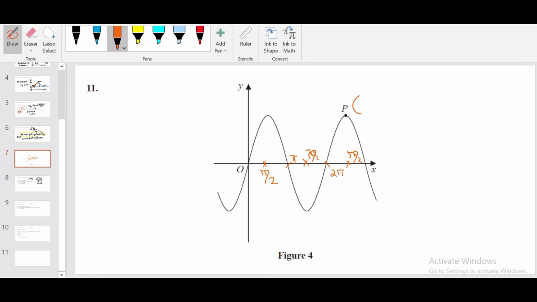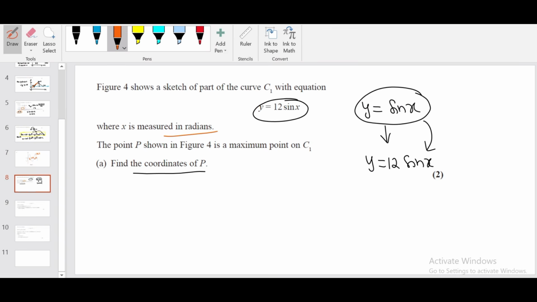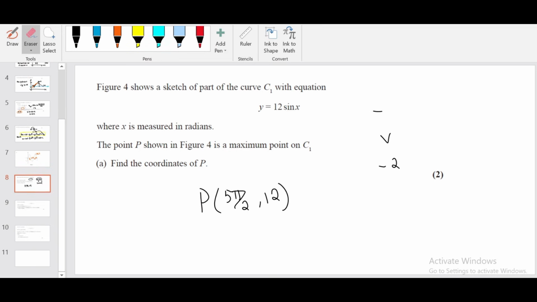So this point has x coordinate 5 pi over 2, comma 1 in the regular sine x. But if you take 12 sine x, it's a stretching, so you need to multiply the y coordinates by 12. So this is going to be P of 5 pi over 2 comma 12. That's all. It's a 2-mark question. Let's move on to the next part.